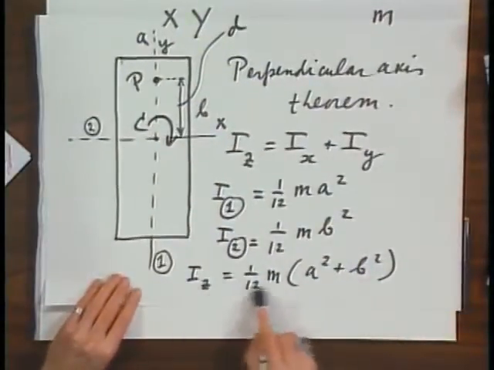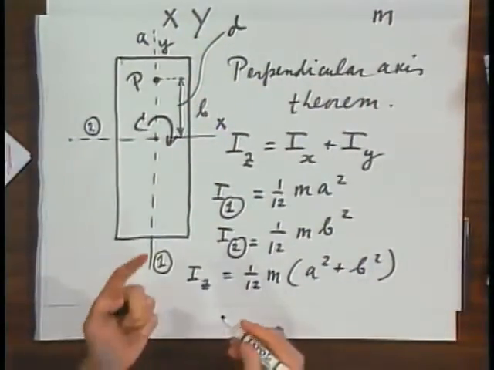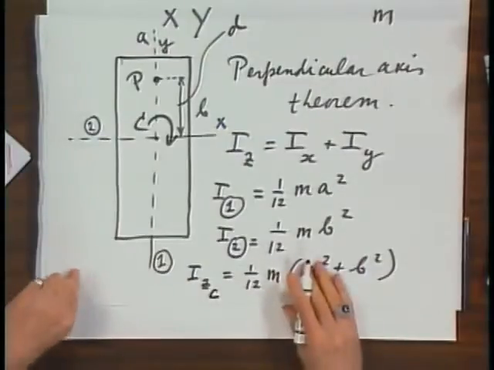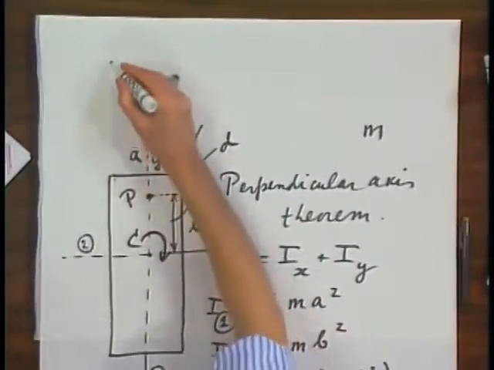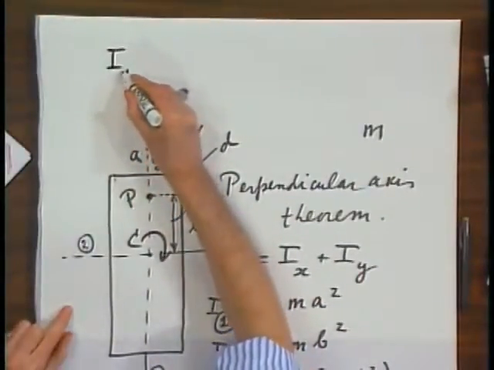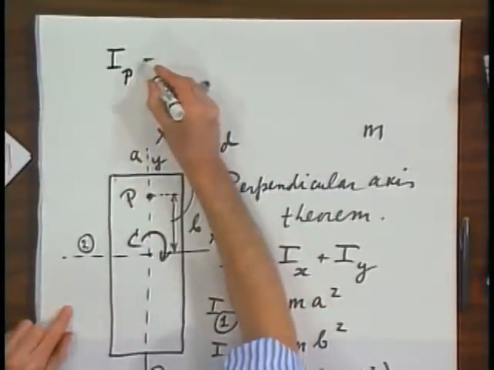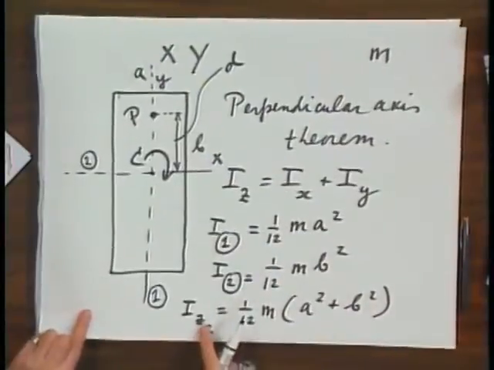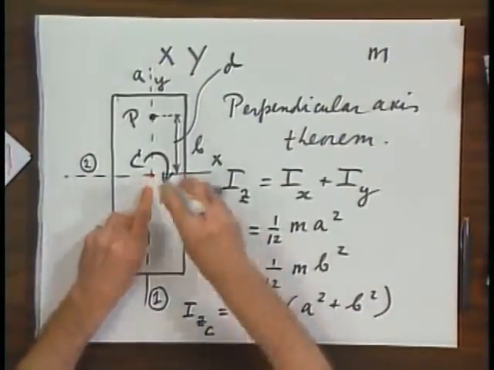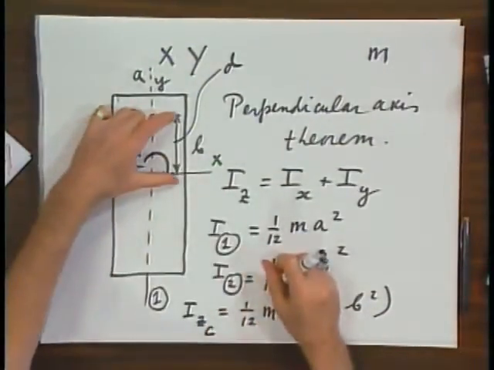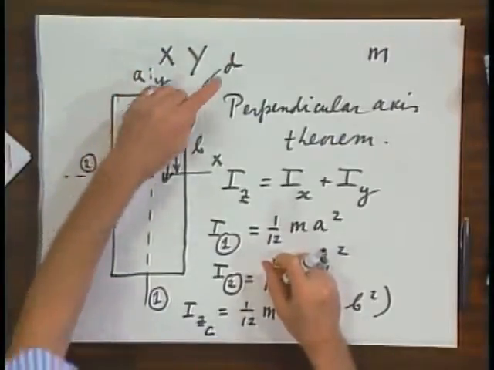And so I know the moment of inertia about the axis through point C, and therefore the moment of inertia about point P, for the axis perpendicular to the paper, is the moment of inertia about point C, about this axis, plus m times d squared.